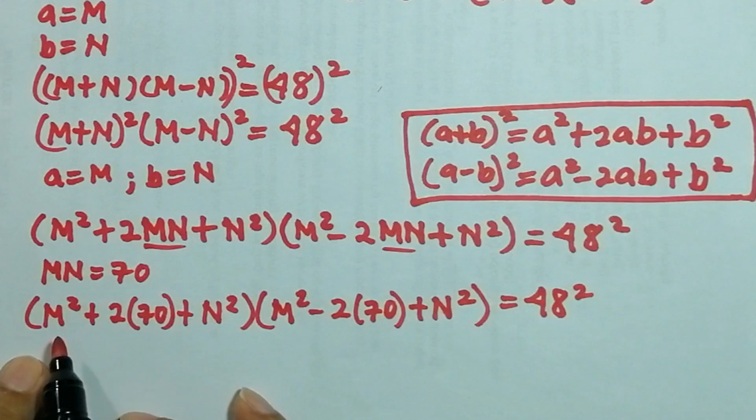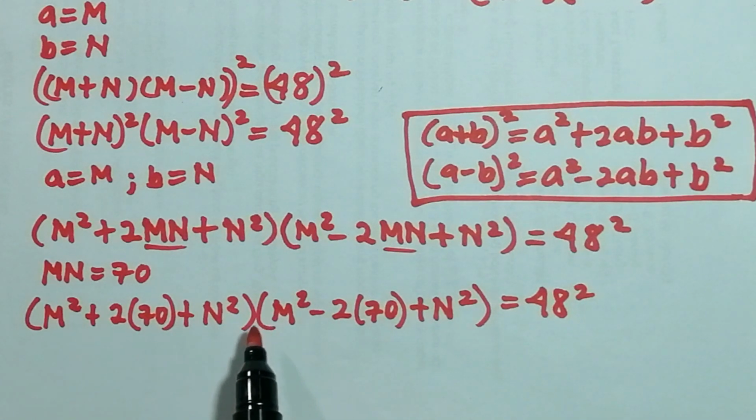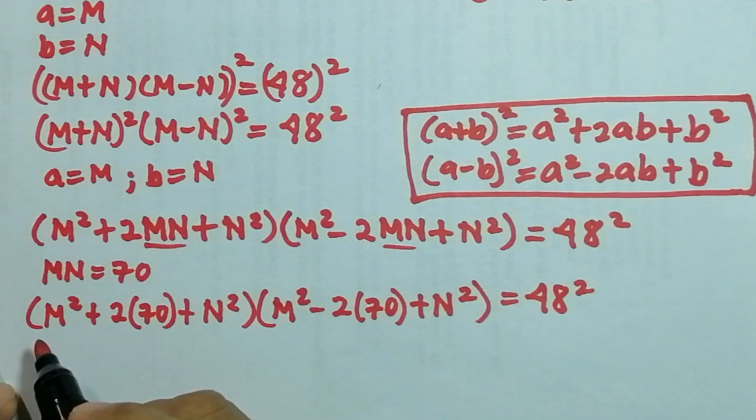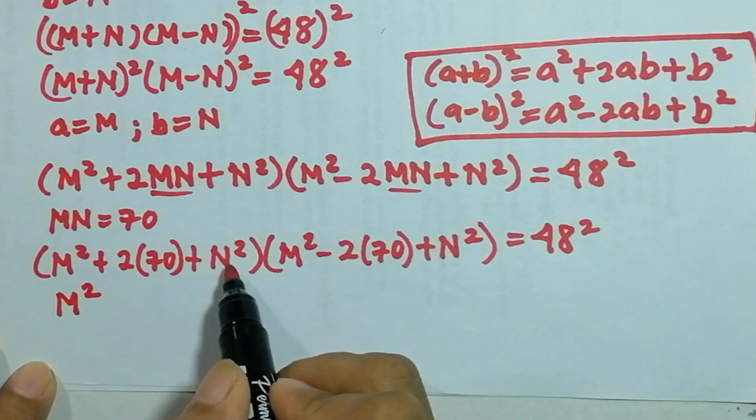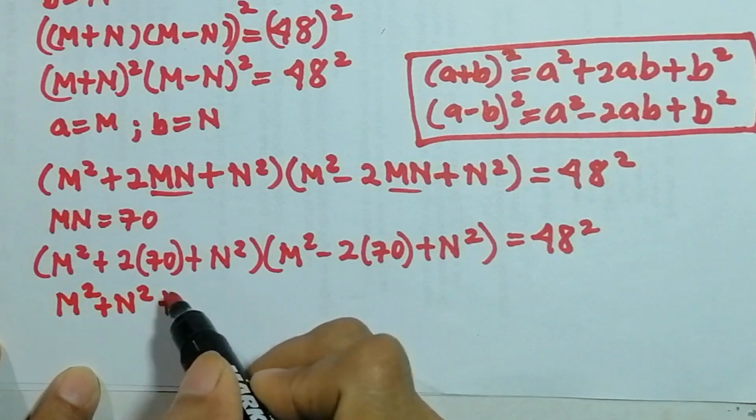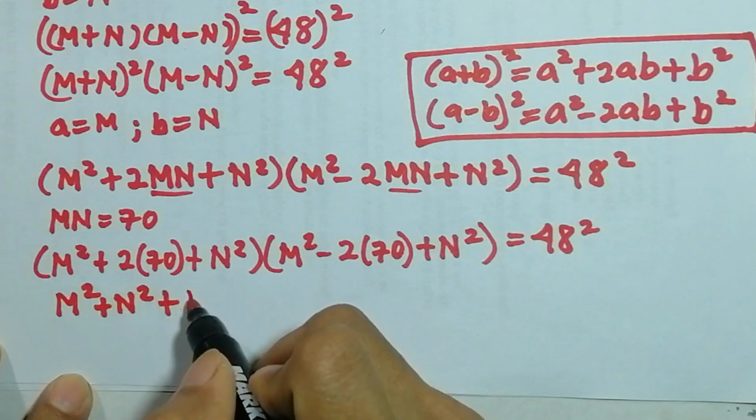Now in here we're going to group the same terms with the same power on this part and on this part. So we're going to write m squared plus n squared plus 2 times 70 is 140.